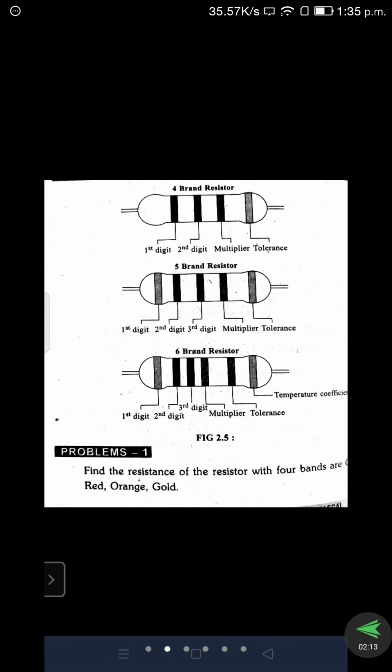If we take the 5-band resistor, the last one is the tolerance, the second from the right is the multiplier, and the remaining three are the digits. In the case of the 6-band resistor, the last one on the right-hand side is the temperature coefficient, the next is the tolerance, the next is the multiplier, and the rest three are the digits.